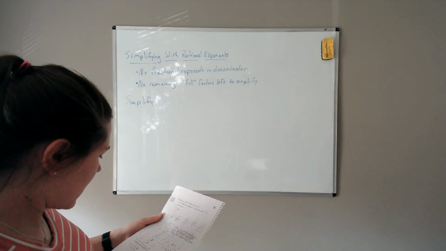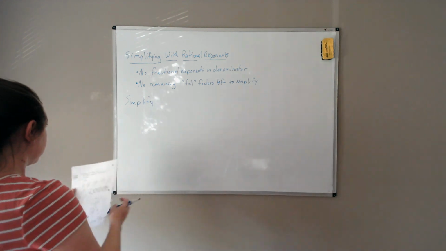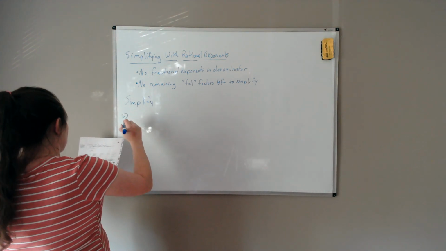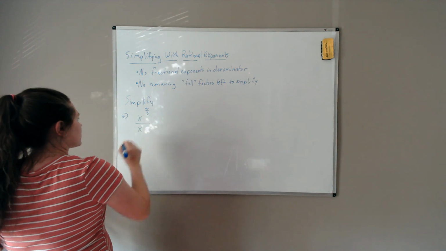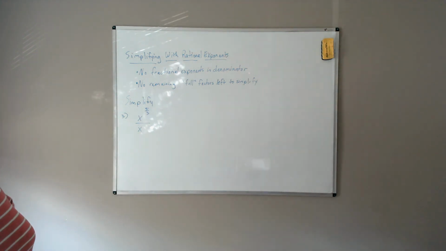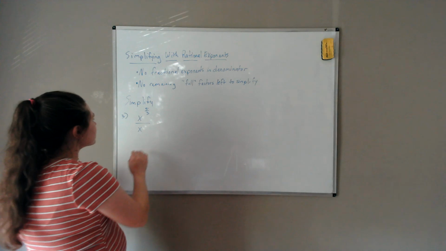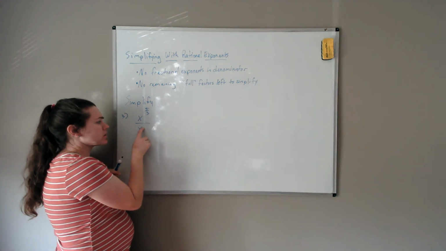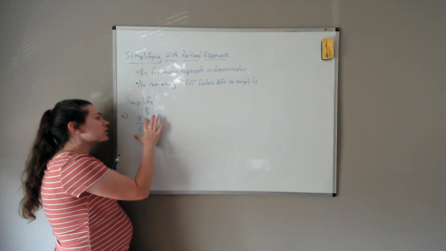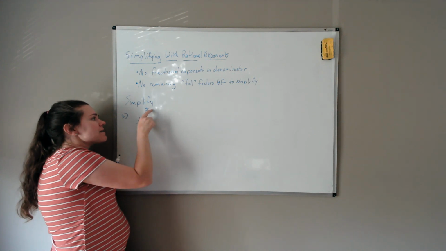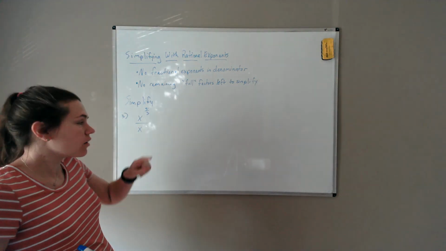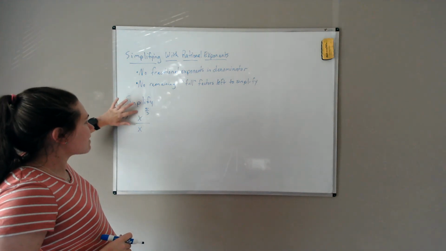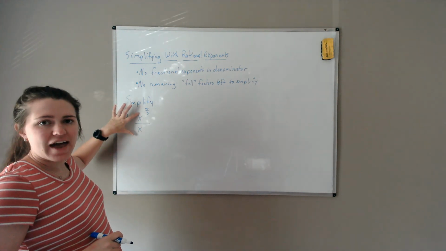Number 3, if you have x to the 5/3 over x, okay? I have integer exponents only on x, but look at this. 5/3 is bigger than 1, which means I have at least one full factor of x.